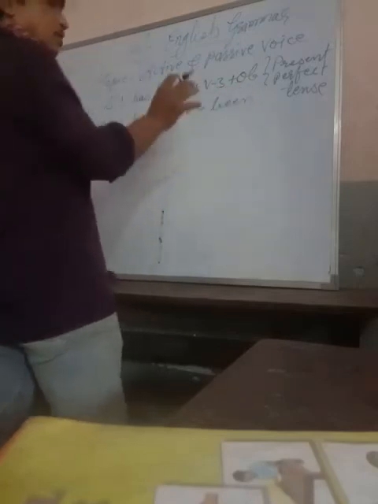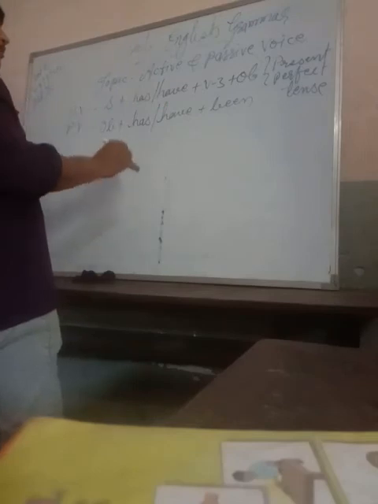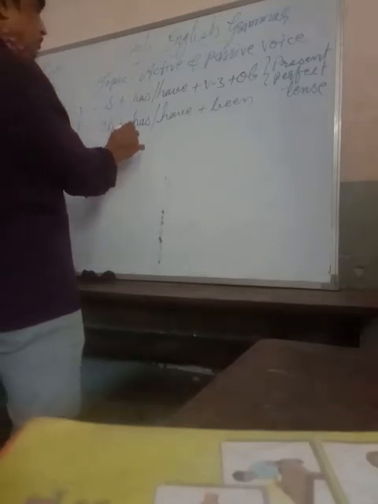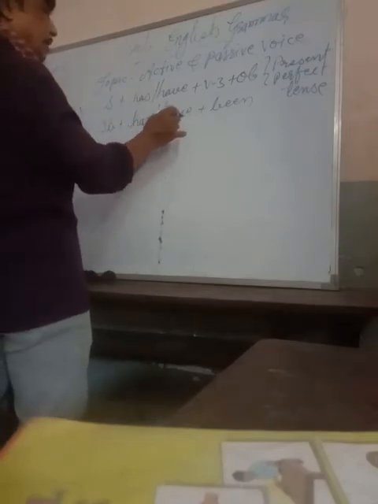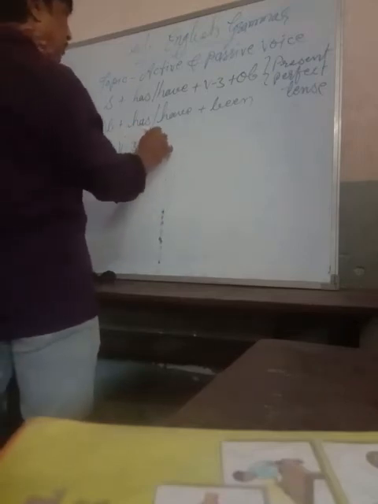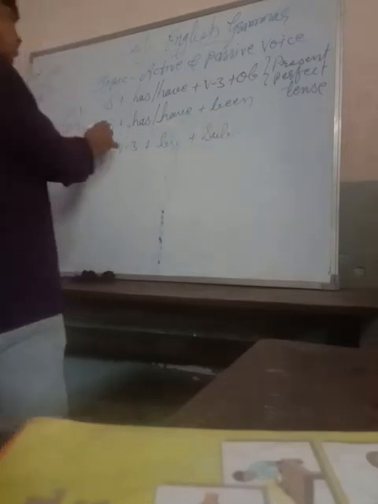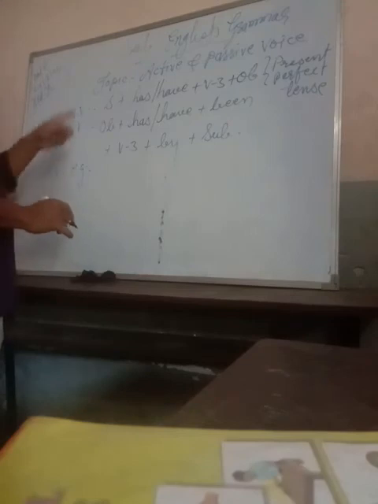Been is actually a to-be form in the perfect tense. So object plus has/have plus been plus V3 plus by plus subject. So that way you have to convert this active into passive, or passive into active, vice versa.